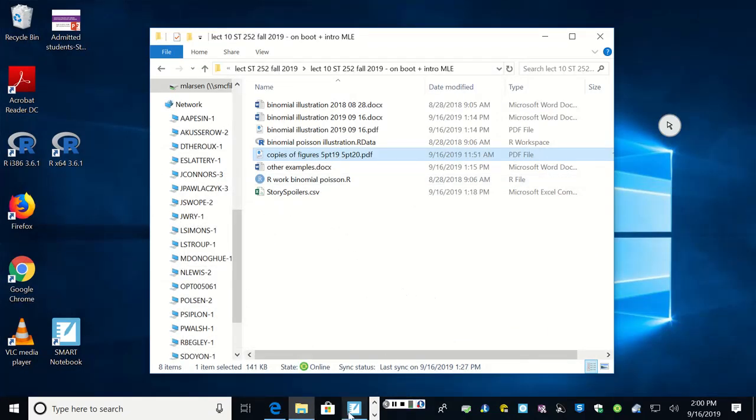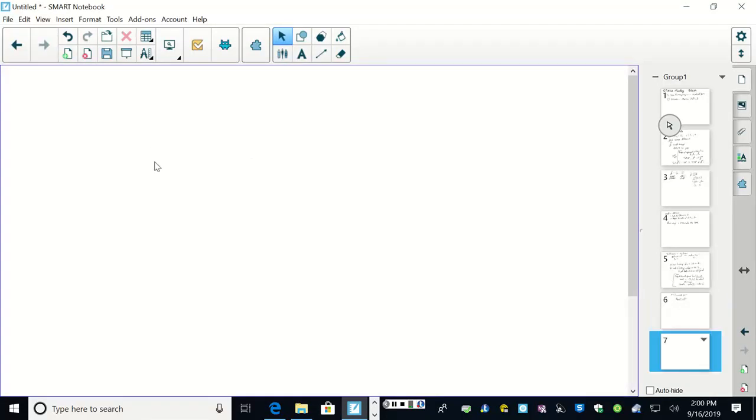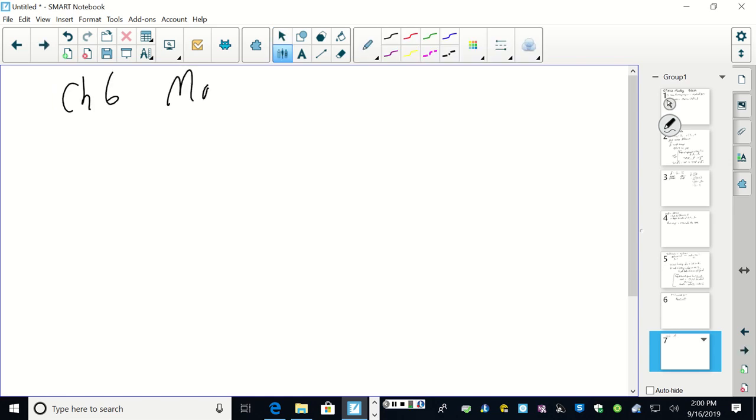So the plan for this second part of today is we're going to start looking at, in chapter 6, the general title is Maximum Likelihood Estimation. Now we're going to look at this and then a couple other procedures.